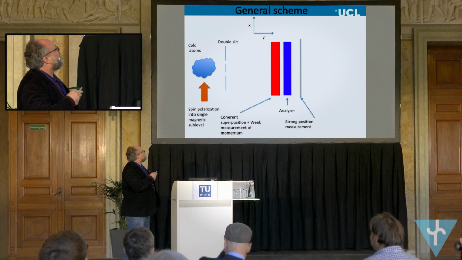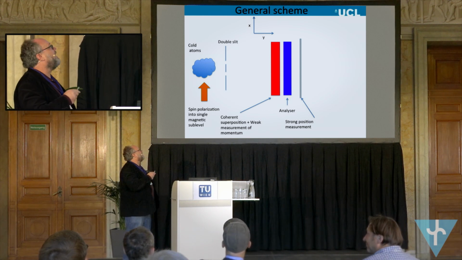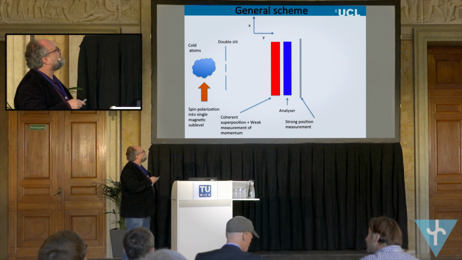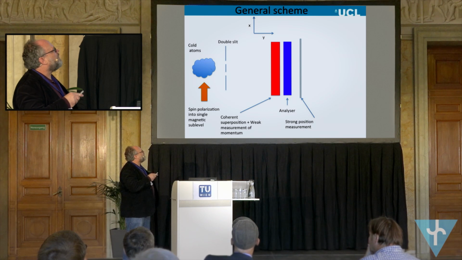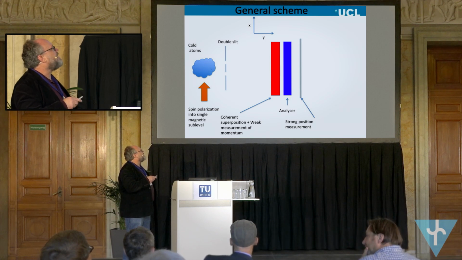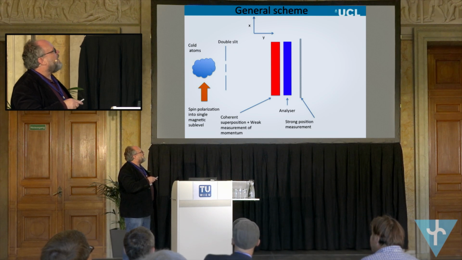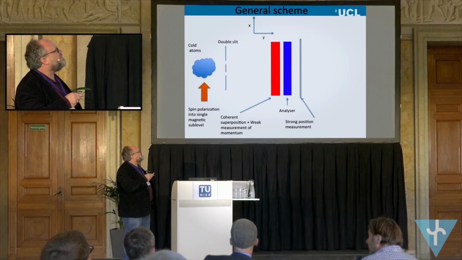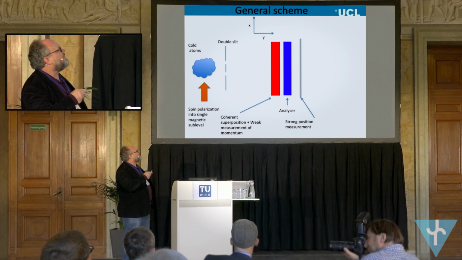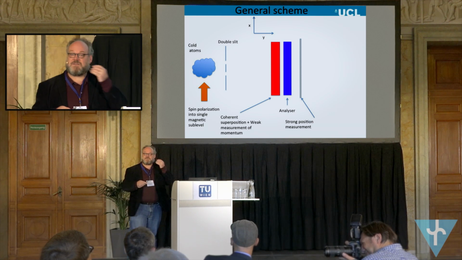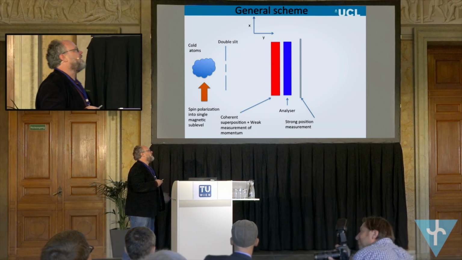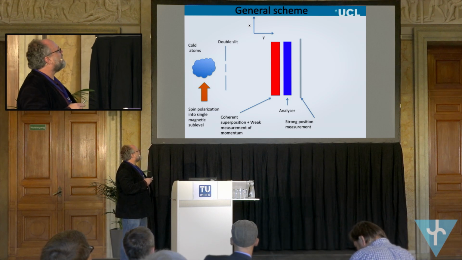We then release these atoms, they expand and pass through the slits, and we want to make a weak measurement of momentum followed by a strong measurement of position, by moving this system throughout the space where you would expect interference. This is exactly the same principle as the experiments with photons.